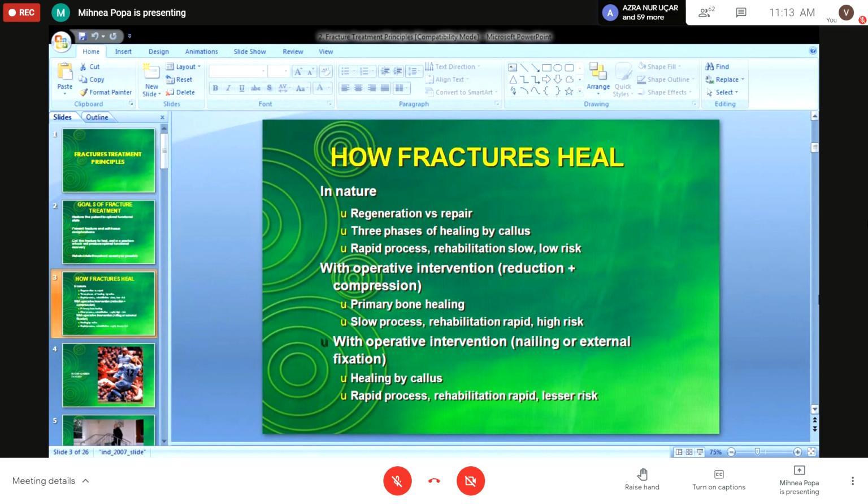Another important thing that you have to keep in mind and understand is how bone heals. We have different types of healing, as you can see here. We can have natural healing, we can have operative healing, and operative healing can be of two types. It's different when we use a plate and screws, and also different when we use intramedullary nailing.